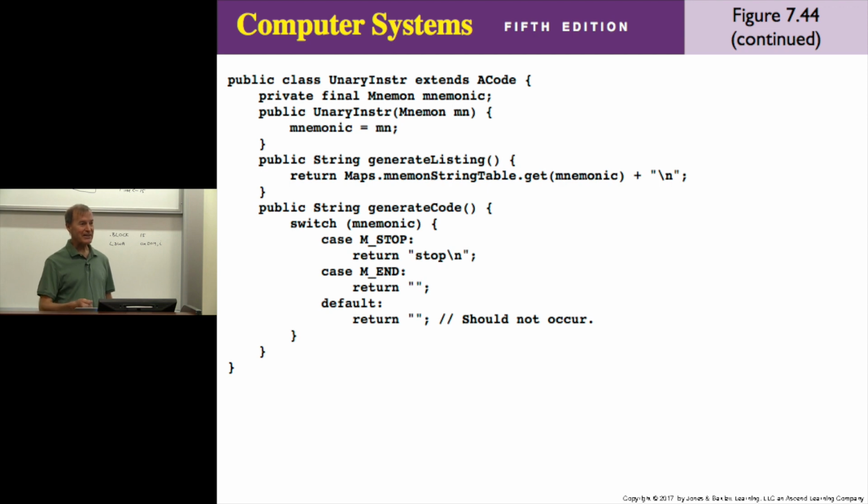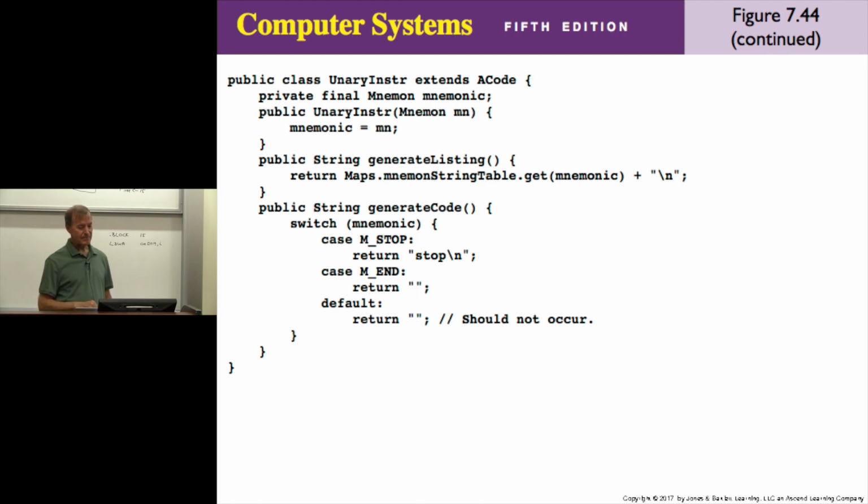Mnemonic. And what is the mnemonic? That is the enumerated value that's stored in the code record. So that's a table lookup for what gets printed out for the unary instruction. As we populated the mnemonic string table, here it's using the mnemonic to look up what gets printed out. Is everybody clear on that?